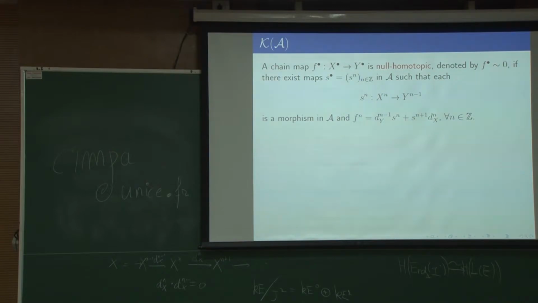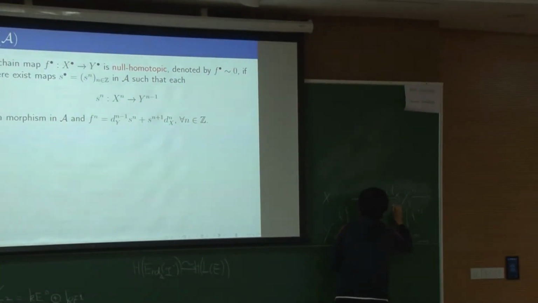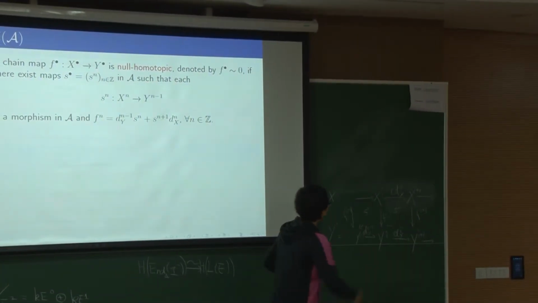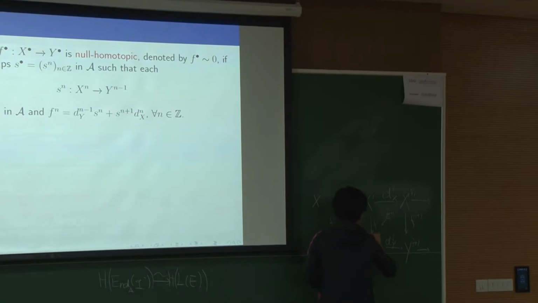We have Y^{i+1}, and we have the differential, here Y^{i-1}. So here there exist s^n, where s^n is from X^n to Y^{n-1}. So here I use i: s^i. Here we have the map F^{i+1}, and here F^{i-1}. So we have many of these s^i maps. That means we go along this map and this map, and we put them together.